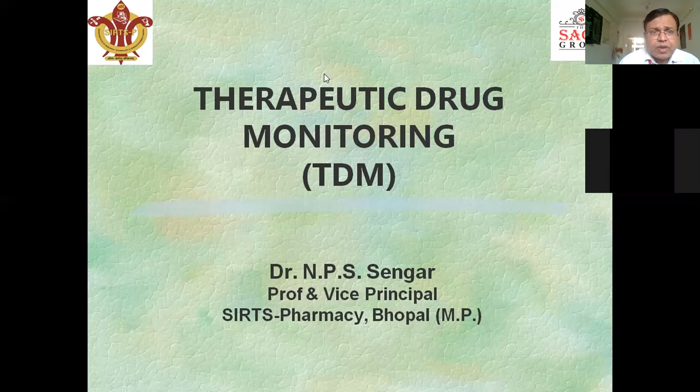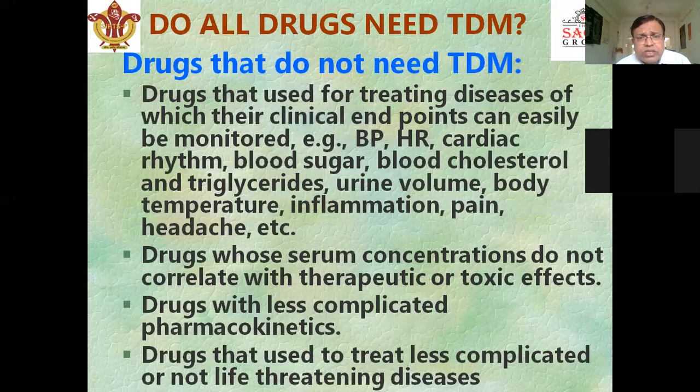You can see here. Drugs that do not need therapeutic drug monitoring are drugs used for treating diseases whose clinical endpoints can easily be monitored, like BP, heart rate, cardiac rhythm, blood glucose, blood cholesterol, triglycerides, urine volume, body temperature, inflammation, pain, etc. These drugs are not included in therapeutic drug monitoring, because you can easily get the result by monitoring some parameters.